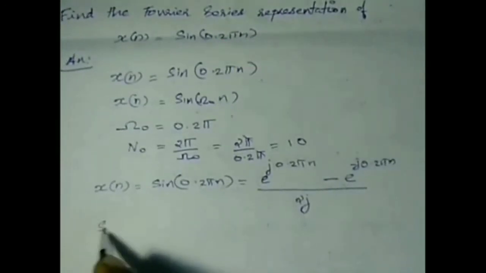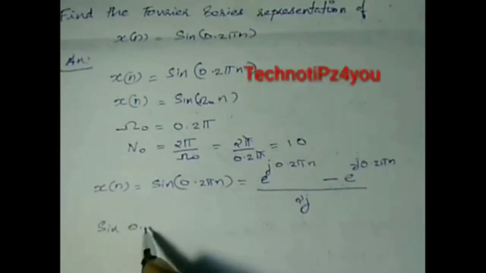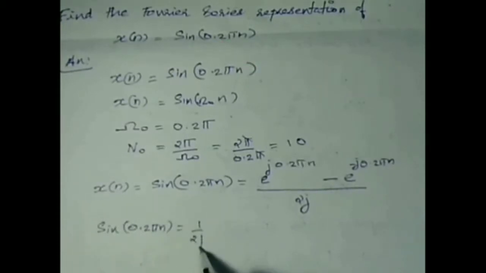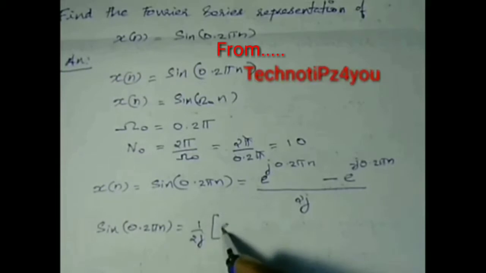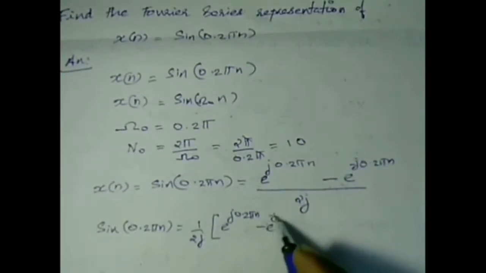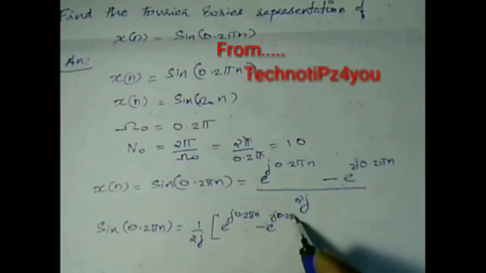That can be written as 1 by 2j times e raised to j 0.2 pi n minus e raised to minus j 0.2 pi n.